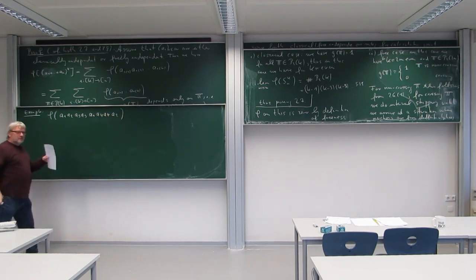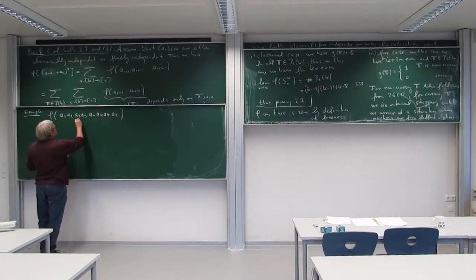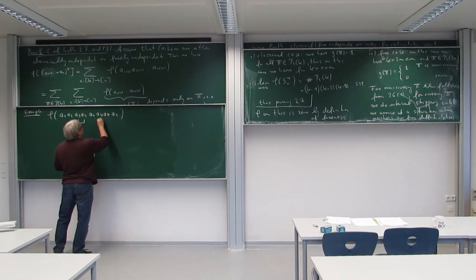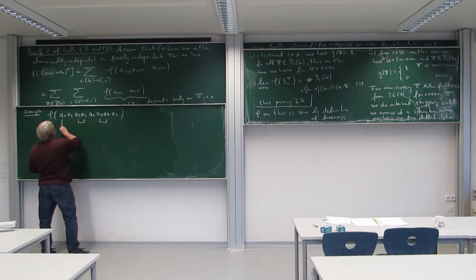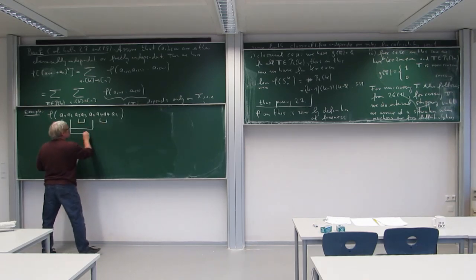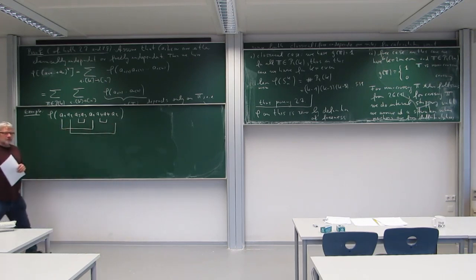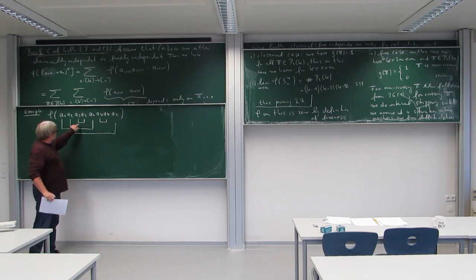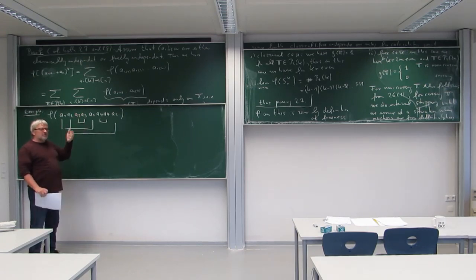So every variable should appear twice. The 3 is here and here, the 4 is here and here, the 1 is here and here, and the 2 is here and here. So this is a crossing pairing. And of course, there are some blocks which are neighbors, so they can be removed by our usual factorization.